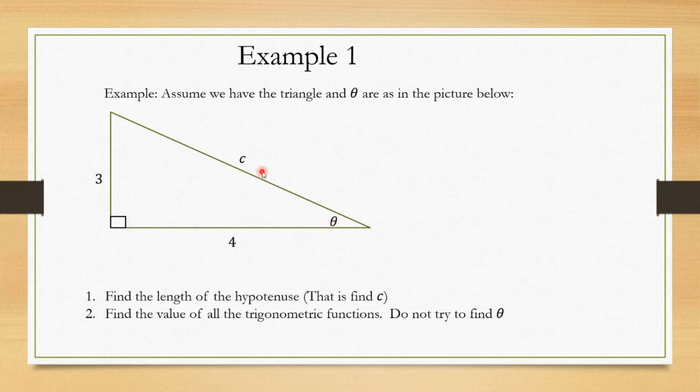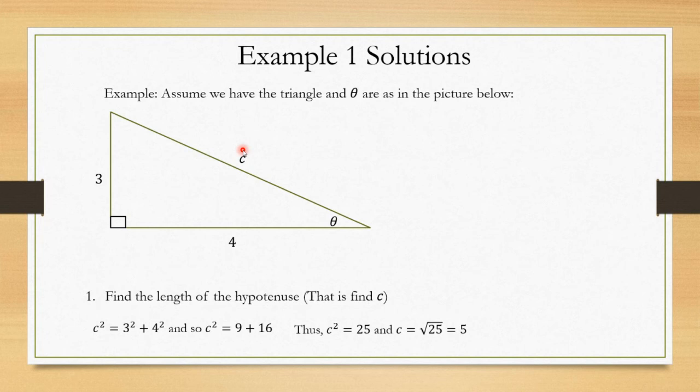What we're going to do is get the length of the third side here, and from there we can get all the trig functions at theta. We don't know what theta is, but that's okay. We're not going to try and find it. I don't think we have enough information to figure it out anyway. So how would you get the length of the hypotenuse?